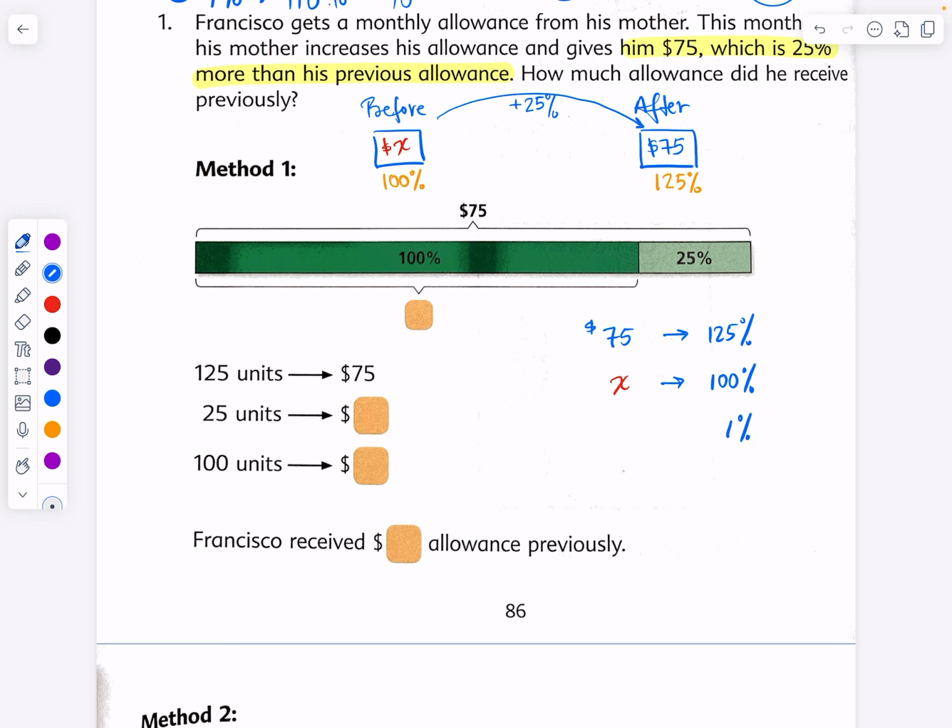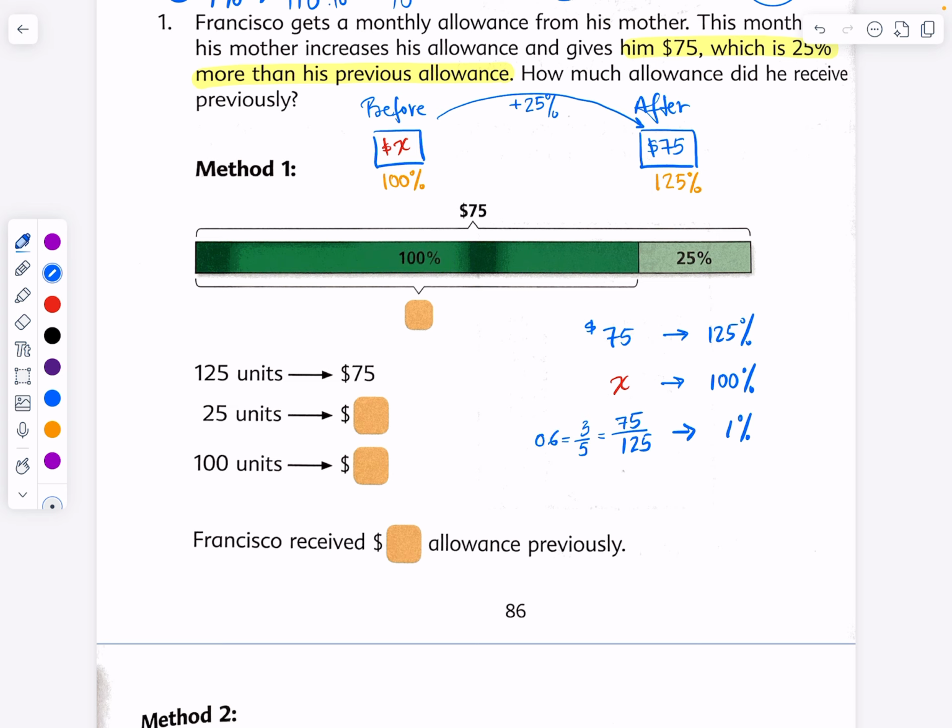How would we calculate 1%? Well, if $75 is 125%, to find 1%, we have to divide 75 into 125 equal parts, which is 75 divided by 125. We can simplify, right? Divide by 25, which gives us 3/5, and 3/5 is 0.6.